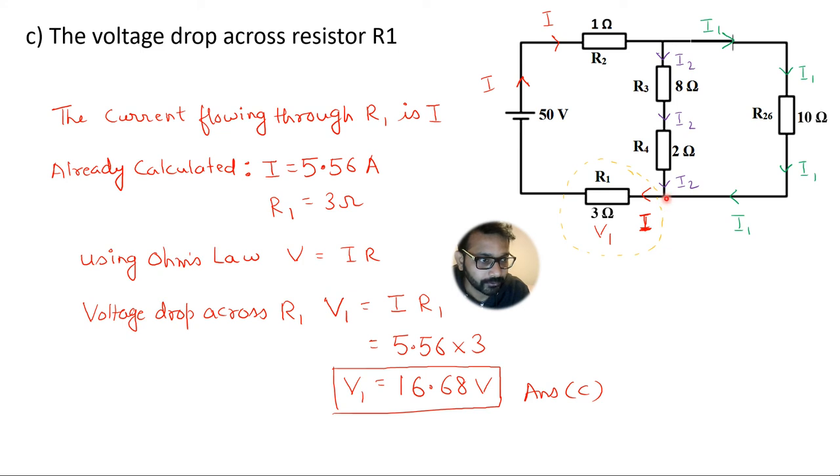So I1 plus I2 will be equal to I, and so the supply current I is flowing through R1.